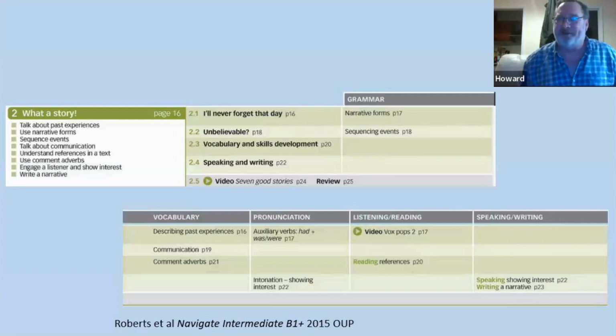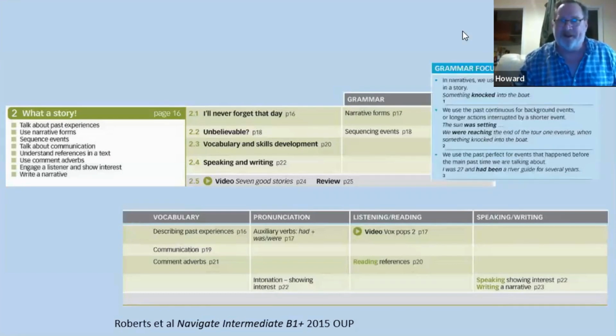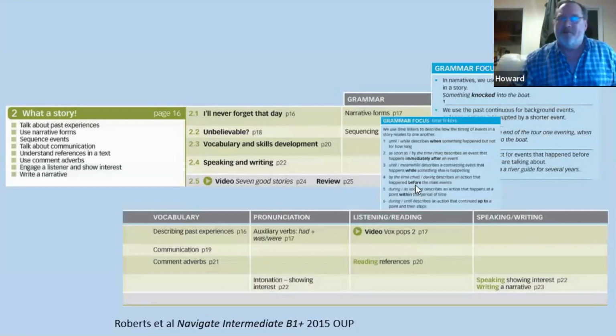What's our context going to be? But we're going to do narrative verb forms, and we're going to look at narratives, and this is our grammar focus. And we've got a subsidiary related grammar focus of sequencing events.